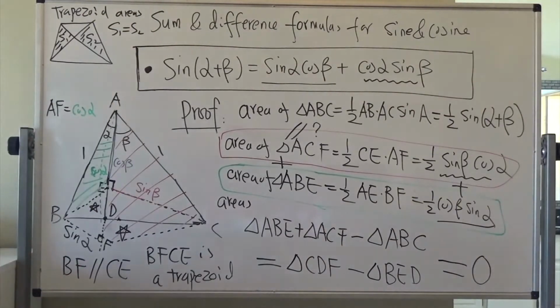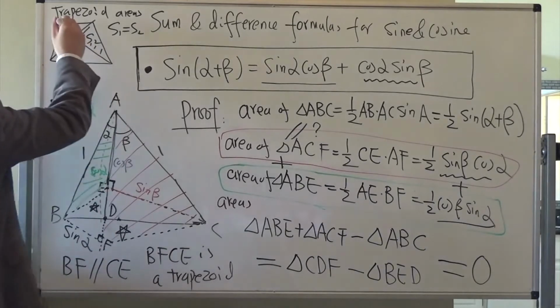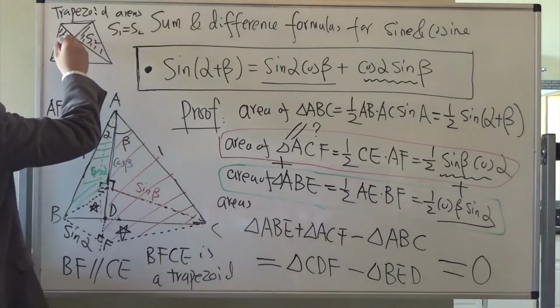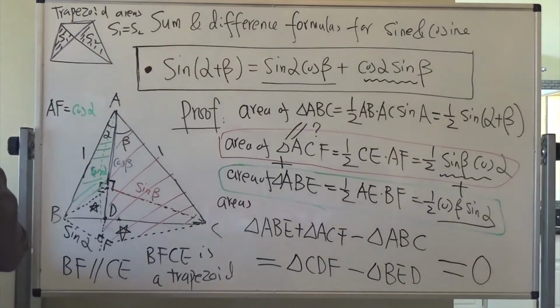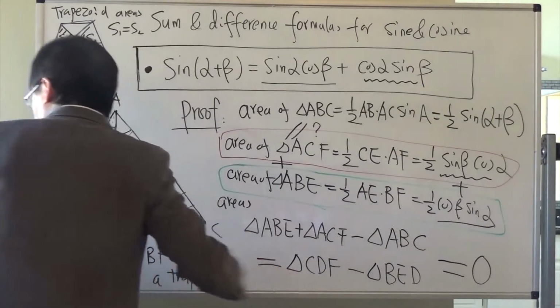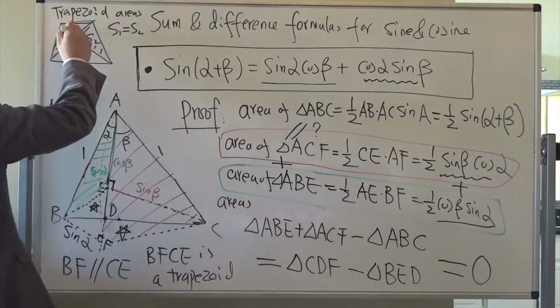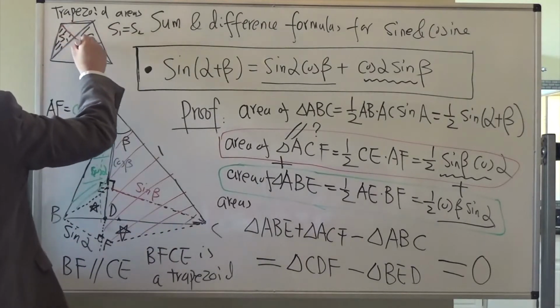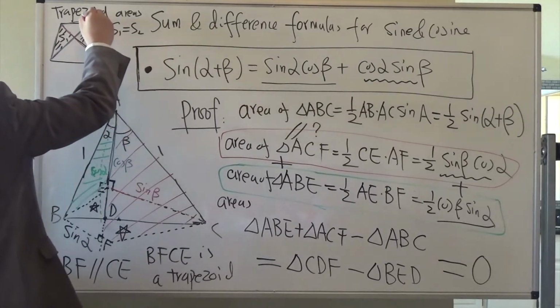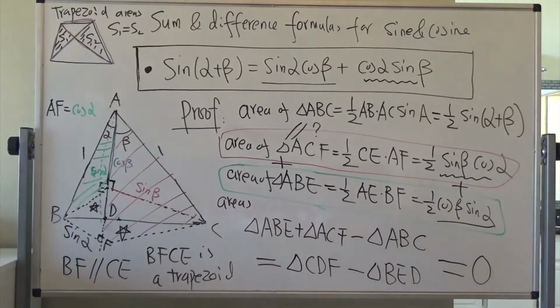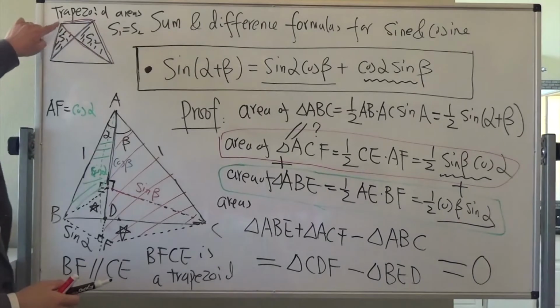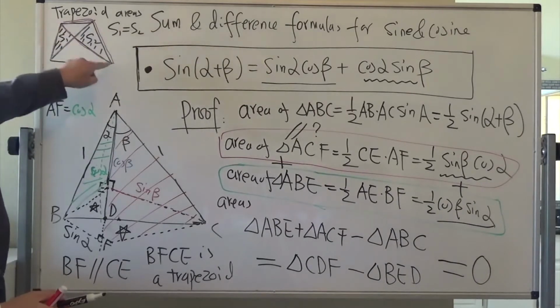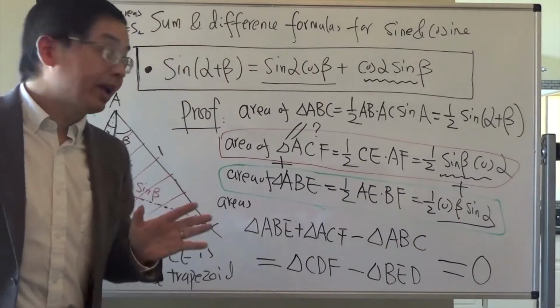The reason is very simple. Look at this triangle, the bigger one, triangle 1, and then look at another one, triangle 2. These two have the same areas.